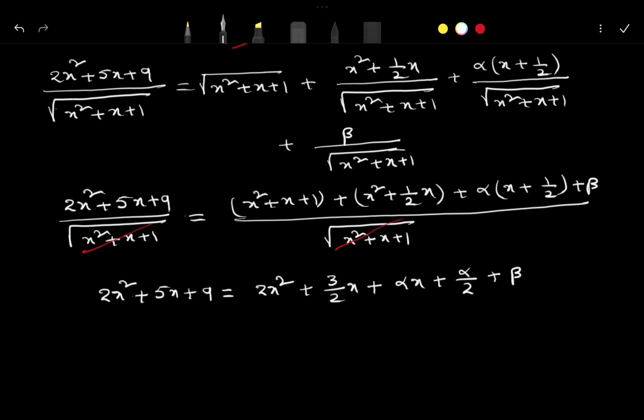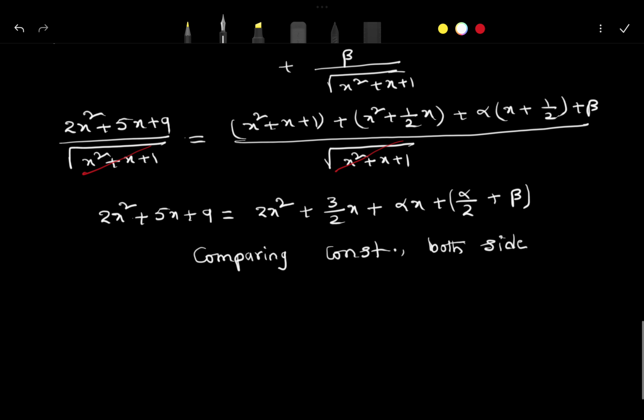In the required value, you want to find α + 2β, how much. Now very simple, comparing the constant on both sides. So what is that value?